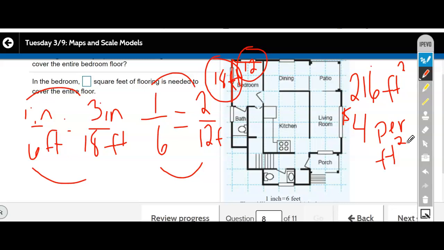What's it going to cost to put carpet in that bedroom if it costs $4 per square foot and I got 216 square foot? What'd you get, Noah? How did we calculate that? Right, we just multiply those two numbers. And you said, what do we get? $864 is what it would cost just to carpet that one room. Make sense?